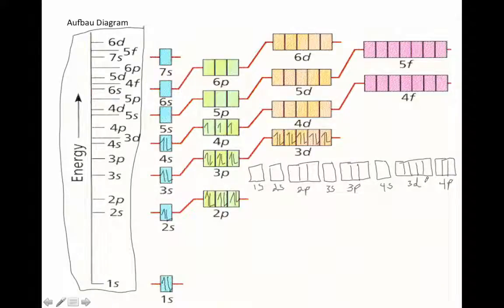And the 4p part would end up looking like this with one electron in each orbital, all with up spins. And I'm not going to draw them all in.